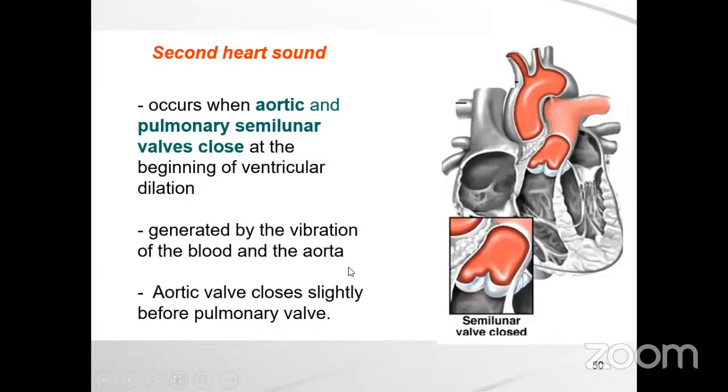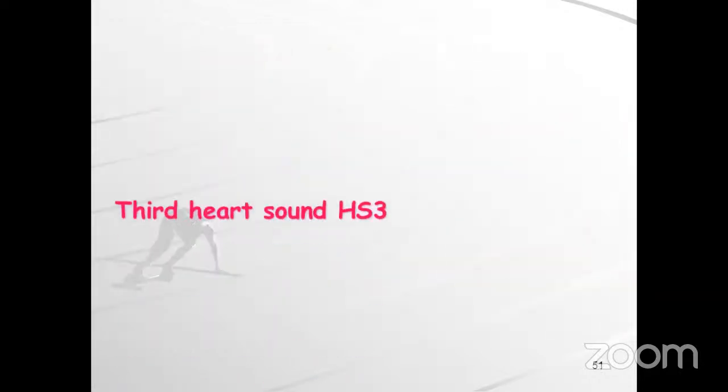It is also produced due to the vibration of blood in the aorta. The aortic valve closes slightly before the pulmonary valve, and only in disease conditions can we clearly differentiate these changes. Otherwise, we won't recognize the closure of the valves separately.